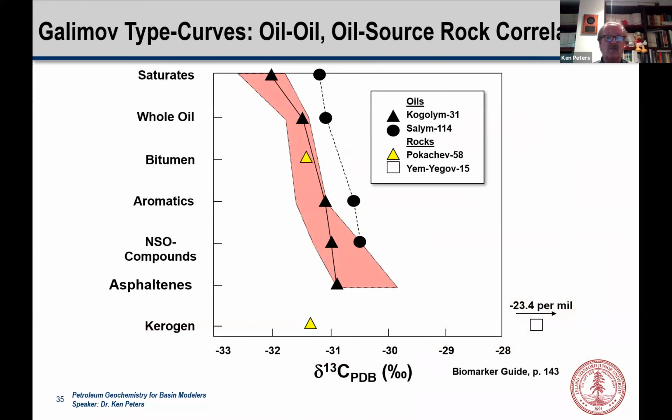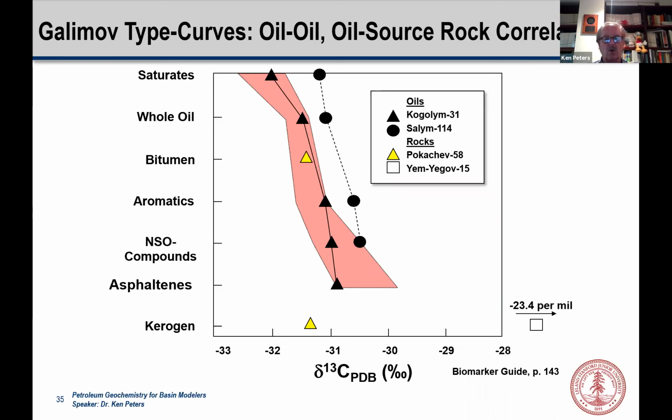Now, there are various isotope methods that are used. This is the Galimov plot, the Galimov type curve. You can fractionate. We talked about fractionating oil. You take a whole oil and fractionate it into saturates, aromatics, NSOs or resins, and asphaltenes, and you can create this Galimov type curve. The pink area here shows the isotope ranges for these different components: whole oil, bitumen from rock, and kerogen.